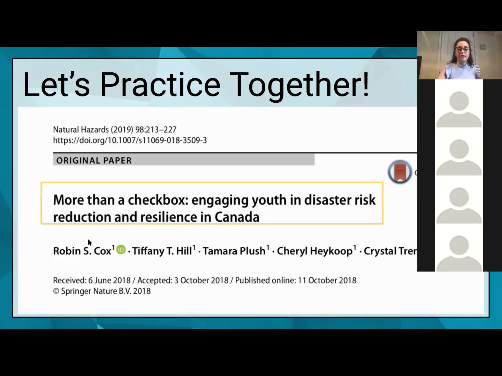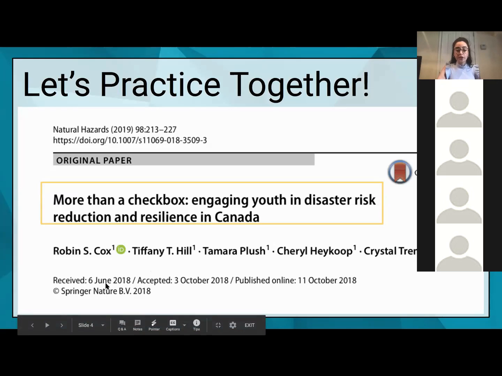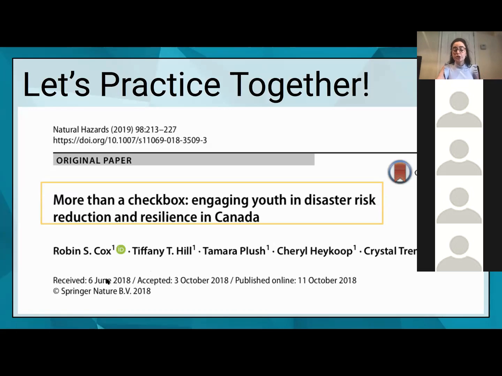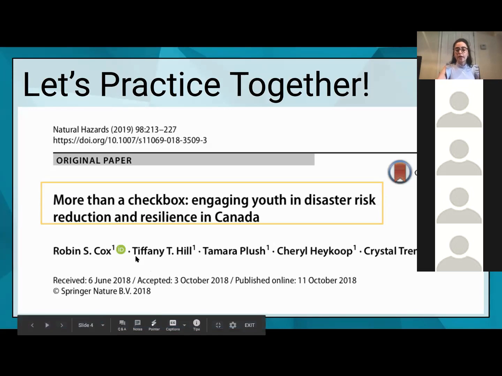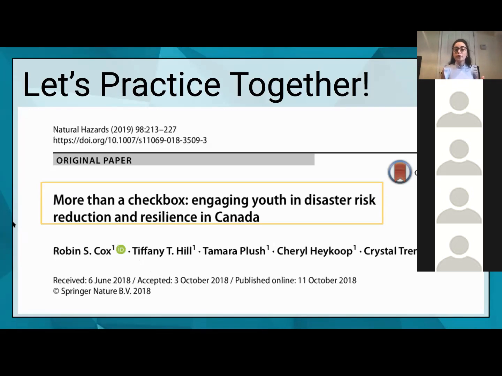We also have an idea of when it was published, when it was sent out for review, when it was accepted. We also know where it was published, who the authors are. And these are important things to note right off the bat when you are doing research, when you are looking for articles, because you can look up who the researcher is.